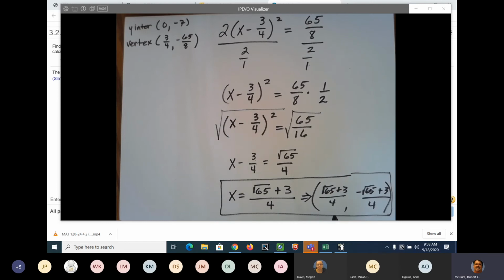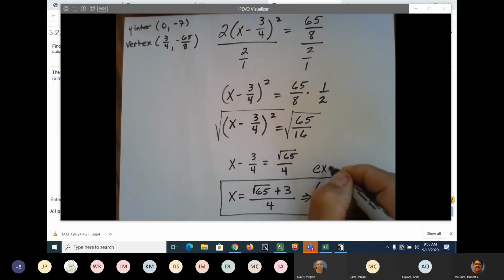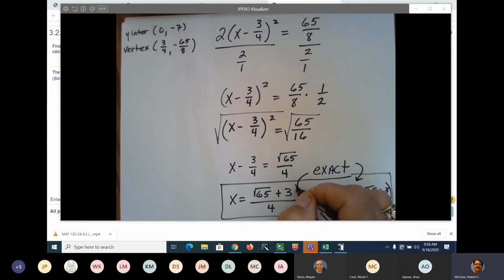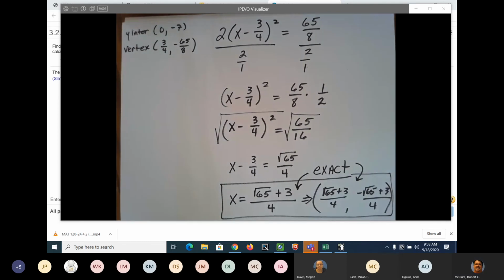Don't be lazy and then ask me to go back and change it, because I'm not going to do it. If it says exact, that's what they want, or this is what they want. And you got to put a positive or negative right there in order to make it count.